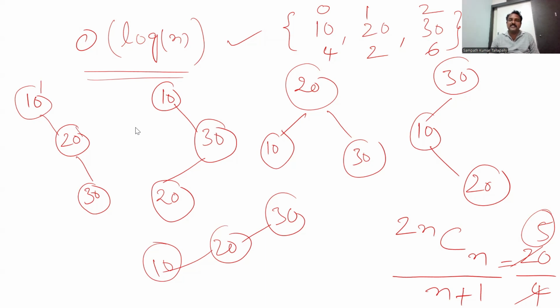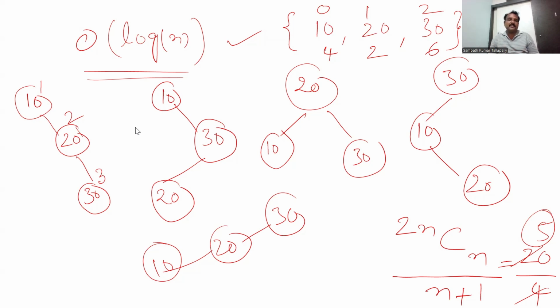Whenever I want to search for this element in this tree, it is going to take 2 conditional statements. And for checking this one, it is going to take 3 conditional statements. Isn't it? So if you write your binary search tree for finding these elements, whether they are there in your tree or not, it is going to take 1, 2, and 3.